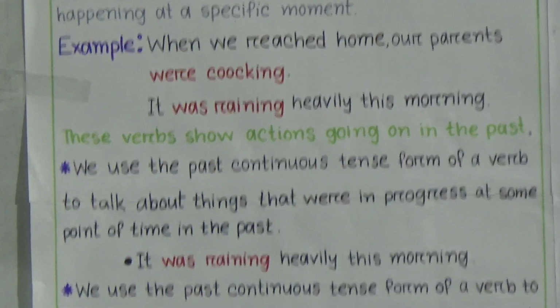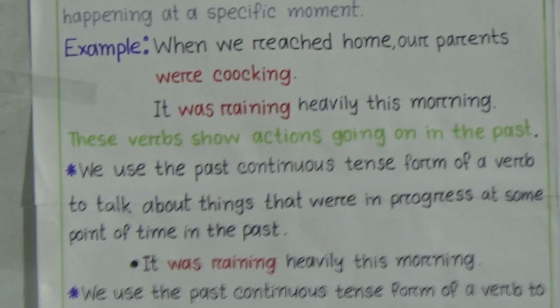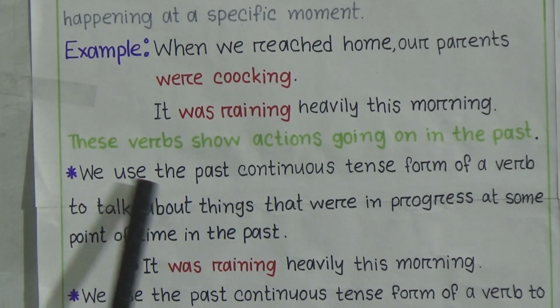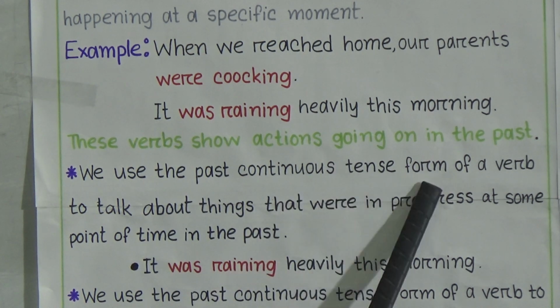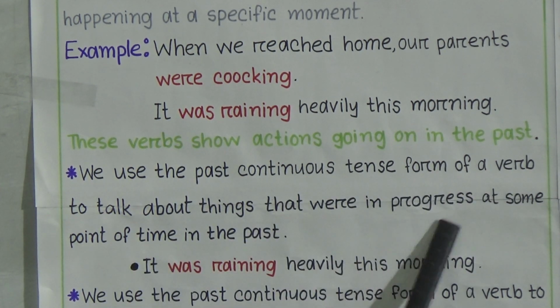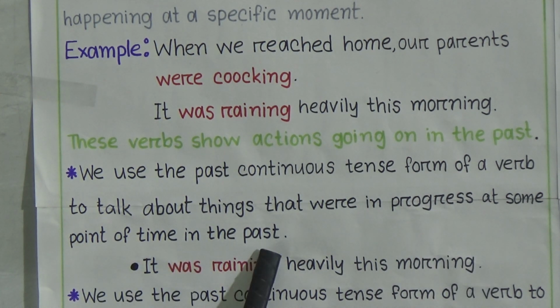Now, students will learn some rules about the past continuous tense. Our first rule is we use the past continuous tense form of a verb to talk about things that were in progress at some point of time in the past.